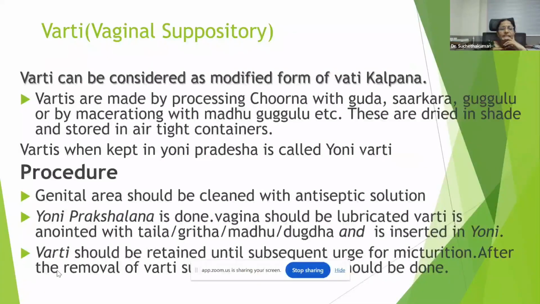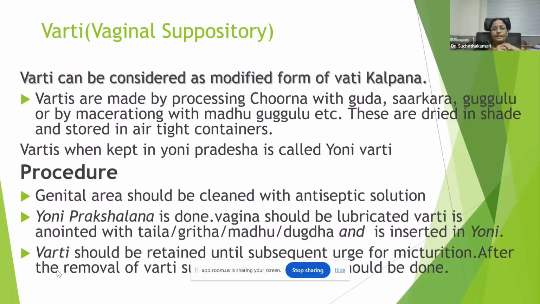Varti is considered a modified form of the Vati Kalpana. Vartis are made by processing the churna with Guda, Sharkara, Gugulu, or by macerating with Madhu, Gugulu, etc. These are dried in shade and stored in airtight containers.